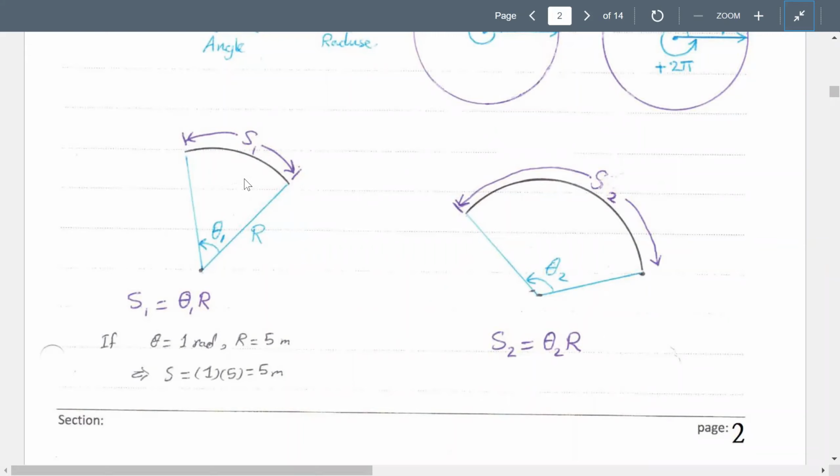The connection between the length and the angular position is the radius. If we need to change from angular position to linear position, we just multiply by the radius.